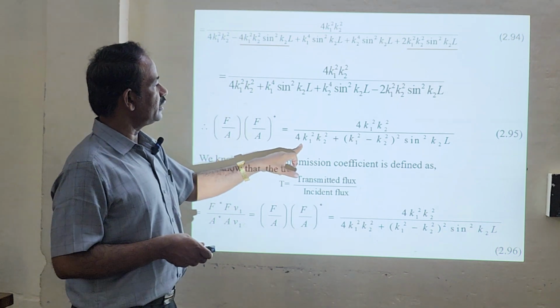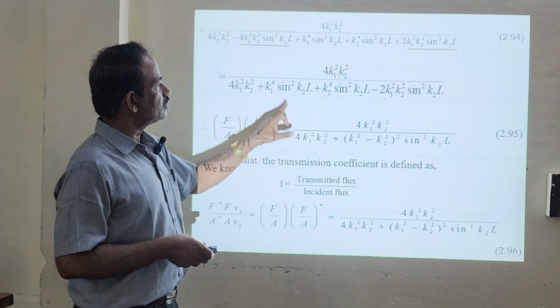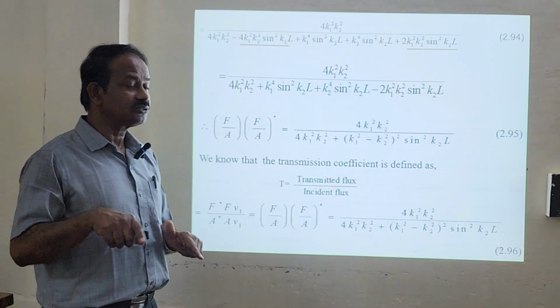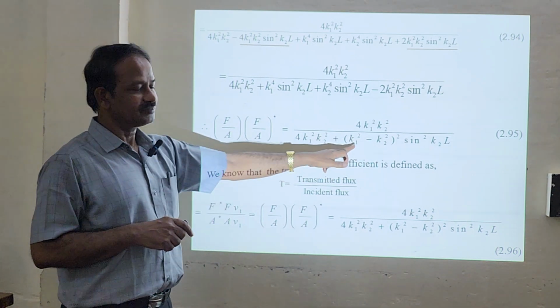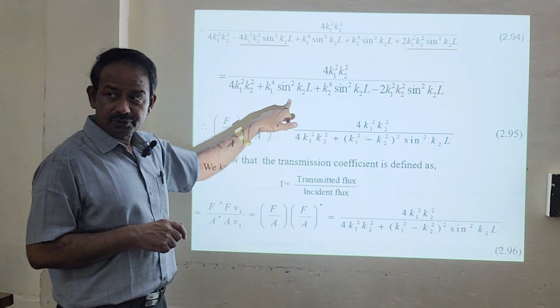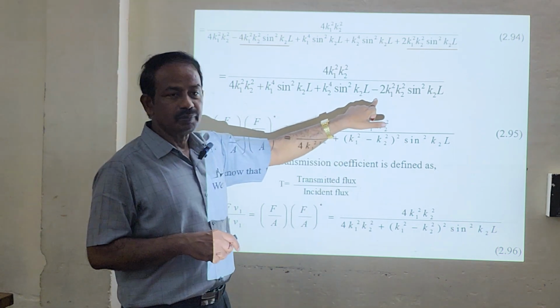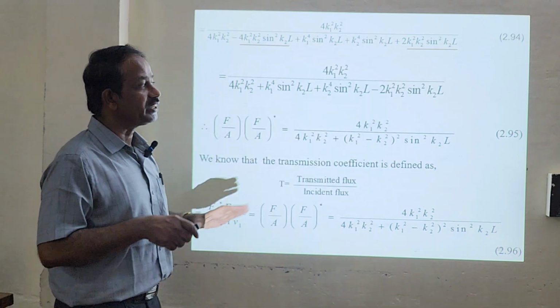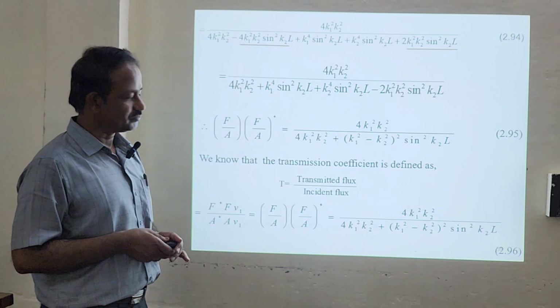You have 4k1 square, k2 square, of course. These three terms can be simplified as the a squared minus b squared whole squared formula. Is it okay? You have a to the power 4 plus b to the power 4 minus 2a squared b squared. You have to use that formula and get the final expression. So this is the final expression.